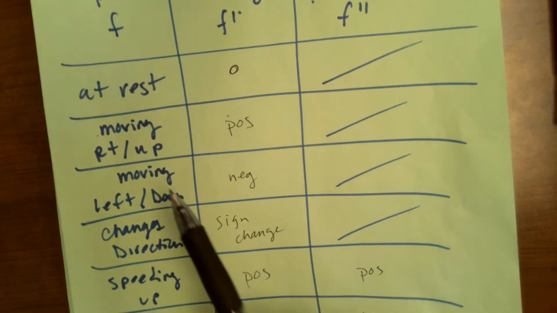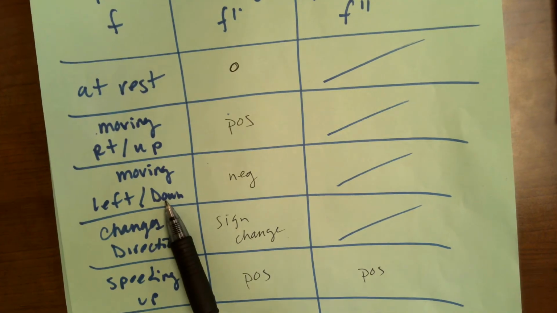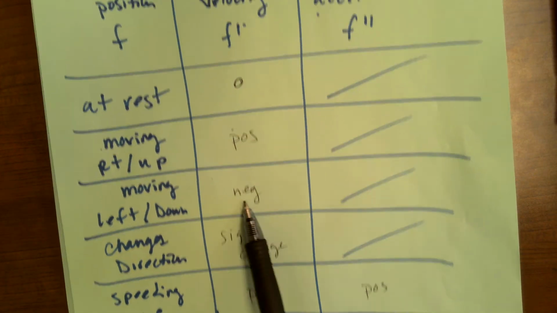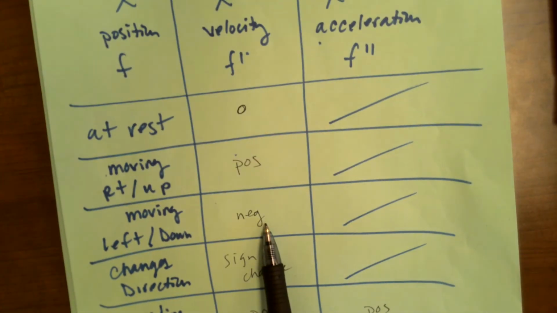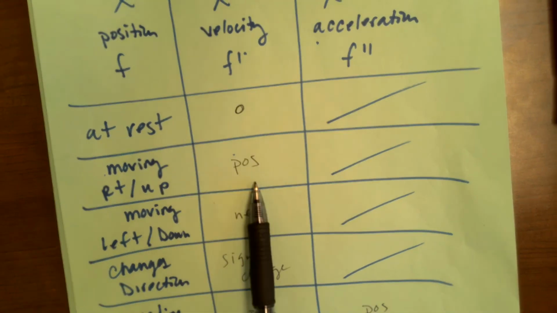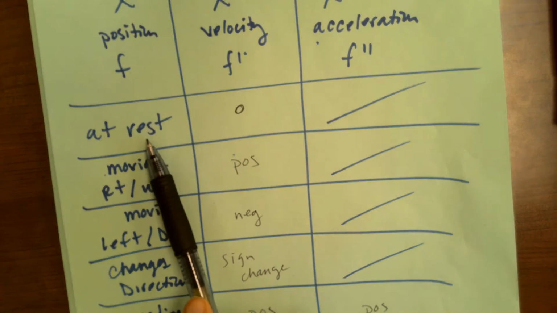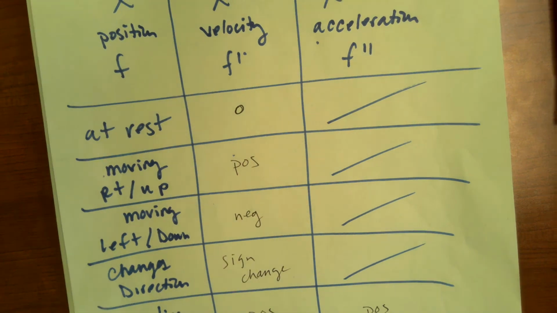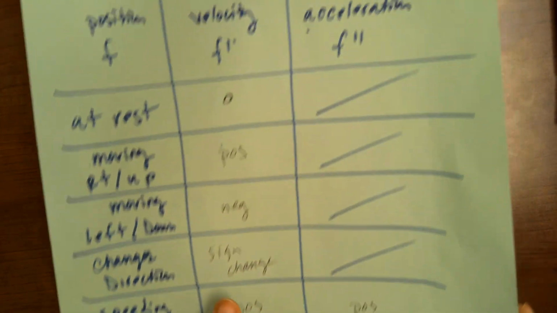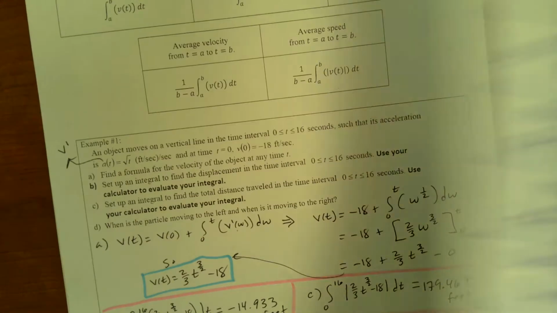The particle is going to be moving left or down, which are negative directions, if velocity is negative. The particle will be moving right or up if the velocity is positive. The particle will be at rest if the velocity is 0. And the particle will be changing directions if velocity has a sign change.